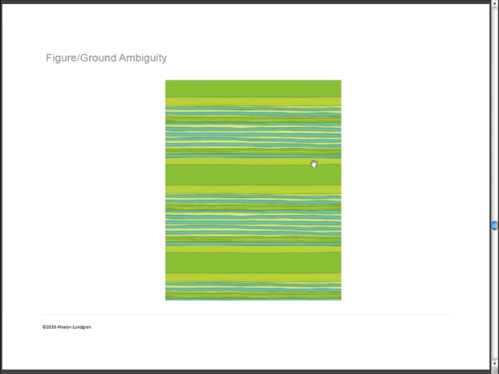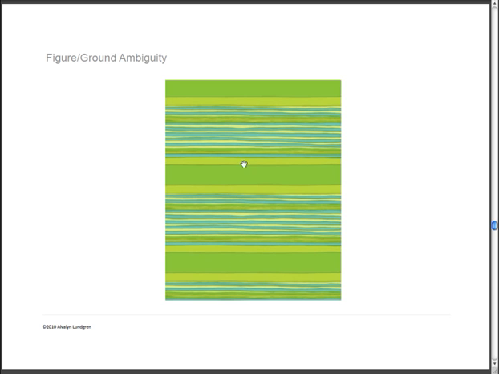In a lot of surface and textile design, which is one of the graphic design disciplines that are available to you, figure ground ambiguity plays a big role. In this fabric design, basically we have loosely drawn stripes of various widths and colors.